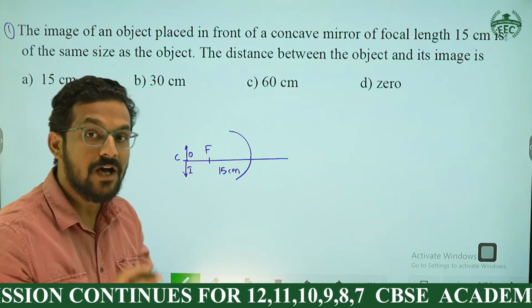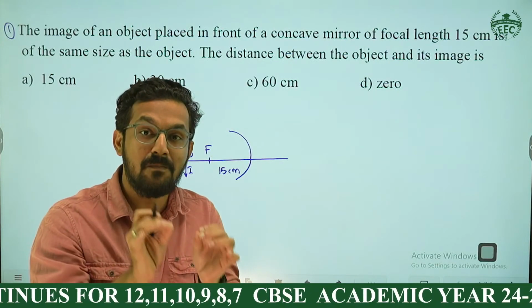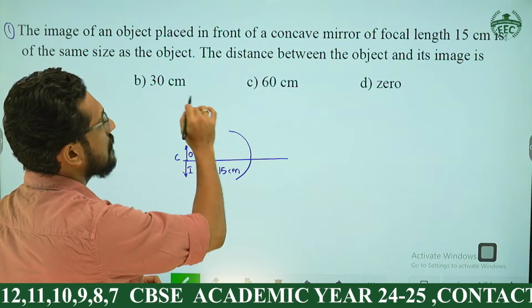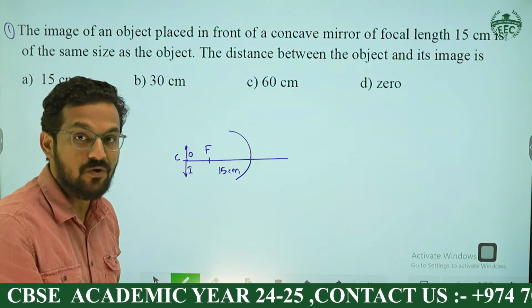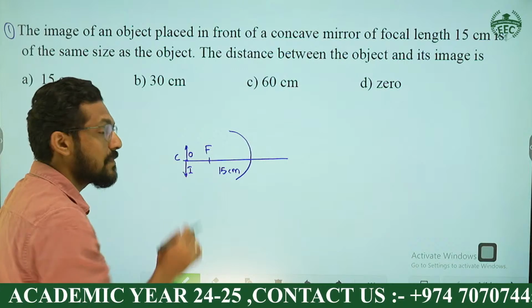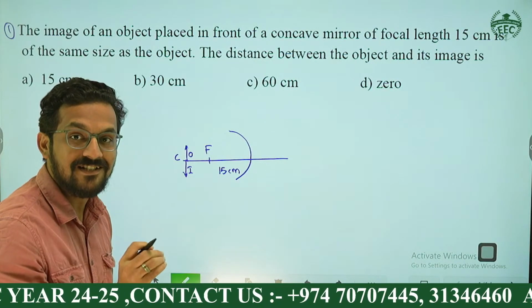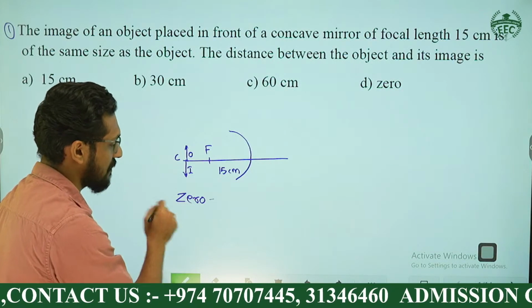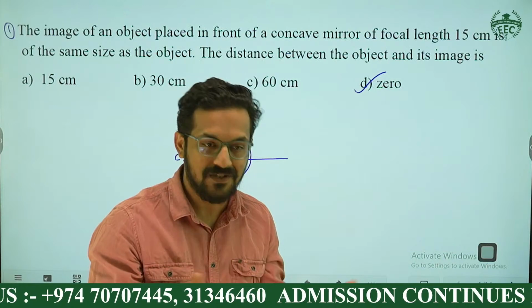The question asks the distance between the object and its image. They are at the same point, so the distance between them will be 0. Very simple question, right? So option B is the correct one. That's the first question.